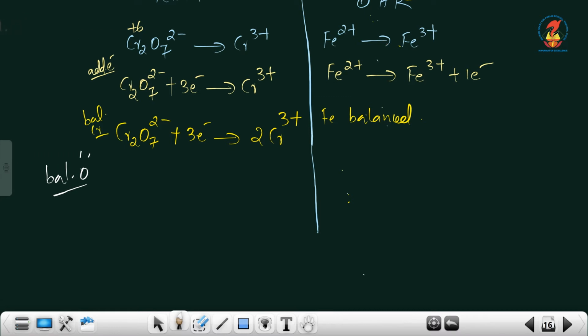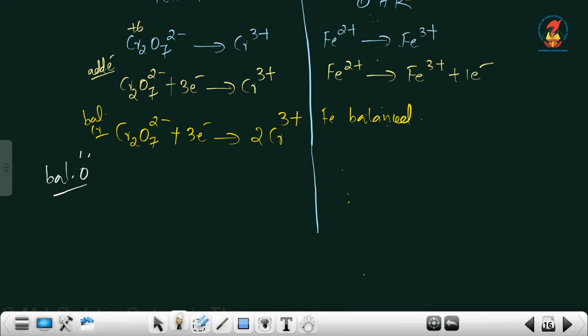So on the left hand side 7 oxygen atoms, on the right hand side no oxygen, means on the right hand side there is a shortage or deficiency of 7 oxygen.